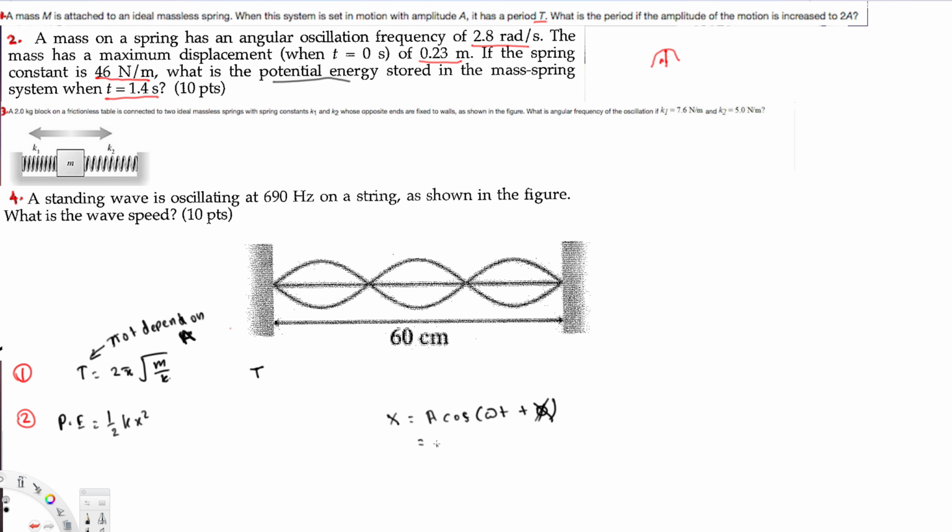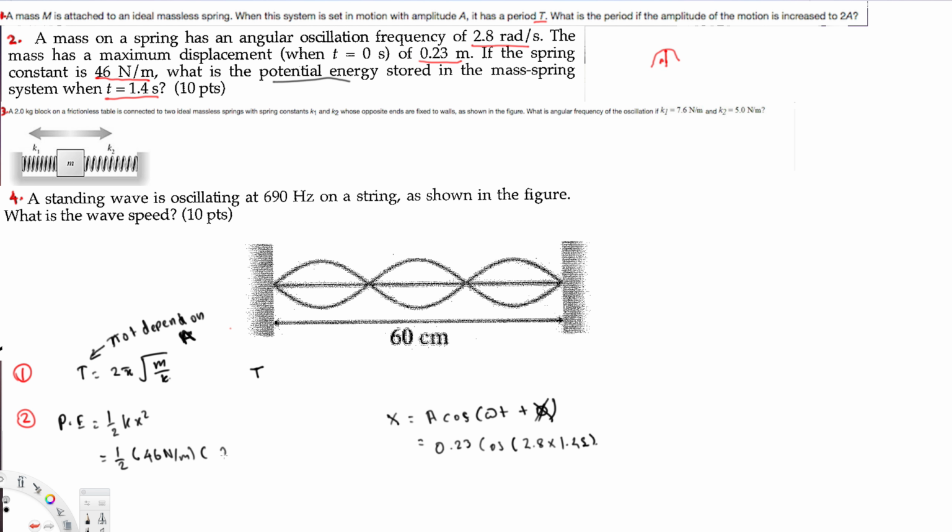So amplitude is 0.23, and then we have cos of ω, the angular frequency that is provided, 2.8, right? So this is going to be 2.8 multiplied by the time, 1.4 seconds, and that's going to be our x. So if we plug in all the values, half times k, the spring constant, that is 46 Newton per meter, times x squared.